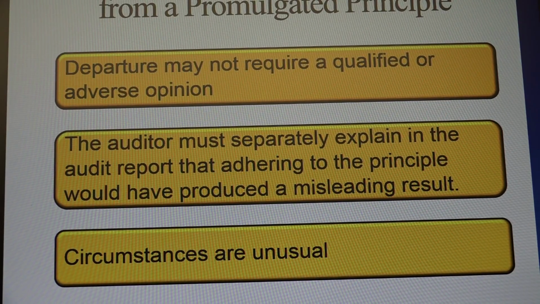Next, they talk about when the auditor agrees with a departure from a promulgated principle.